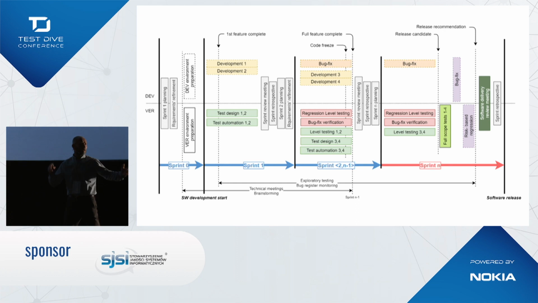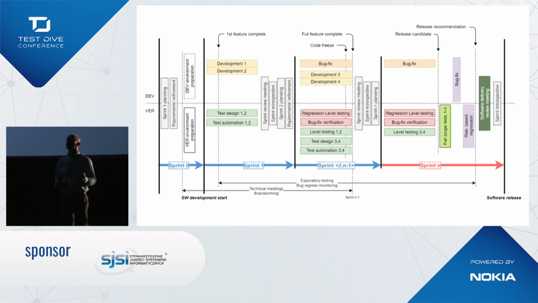Here is a slide which shows sprints in a time frame. So we have, okay, sprint 0. There is some preparation phase. We cannot do too much. Maybe only this bring-up test. So maybe it should also be extended. But take a look at this one. We have the first feature complete.